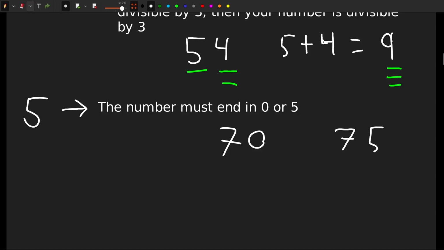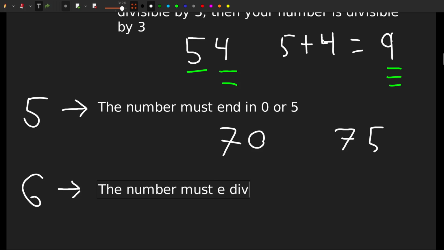Okay, now on to the number 6. The hint for 6 is that the number must be divisible by 2 and 3. And I missed a letter, that should be a B. The number must be divisible by 2 and 3.